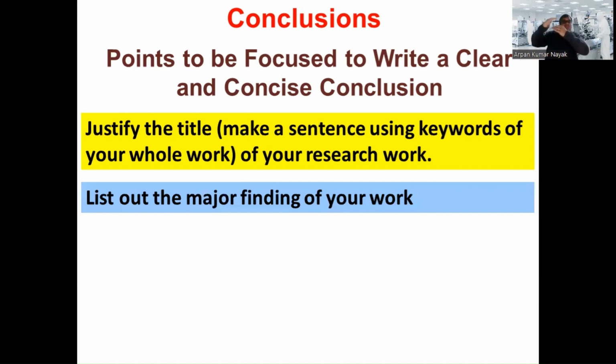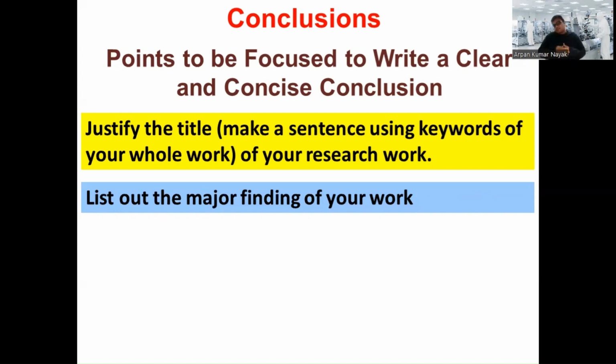Then to support this story, what are the results you observed, and from there what are the major findings you got? List out those major findings to support your story or your whole work. What are the things you did? What is the information you got? Try to list it out and write it down.